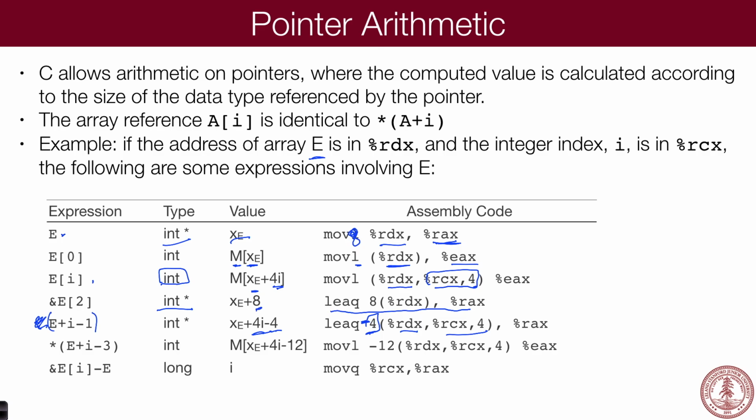So what are we doing here? It's going to be RDX plus 4 times I minus 4 times 3. Well, you can bring that negative 12 out front, and you have to do this kind of arithmetic to figure it out, because you've got RDX plus 4 times RCX, and then you have to subtract away the 12 from it. A little trickier.